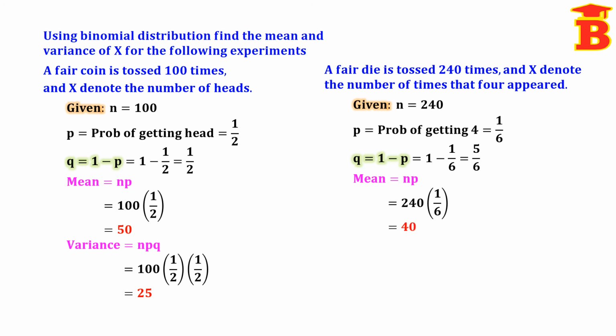So this is equal to 40. Next variance formula npq, substitute the values n value 240 into p value 1 by 6 into q value 5 by 6. Simplify this, we get the answer 100 divided by 3. So this is the answer.